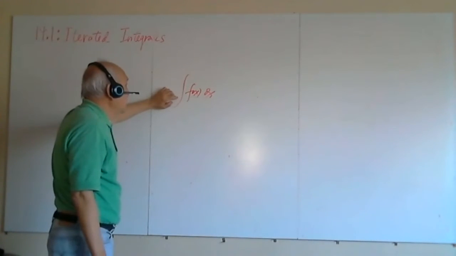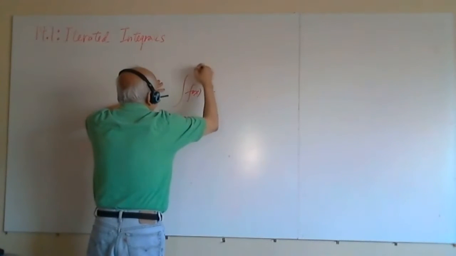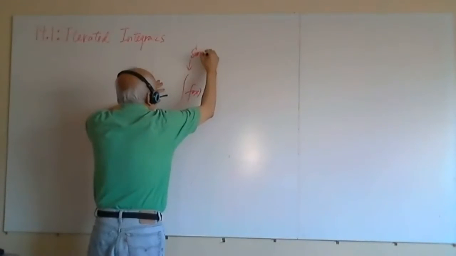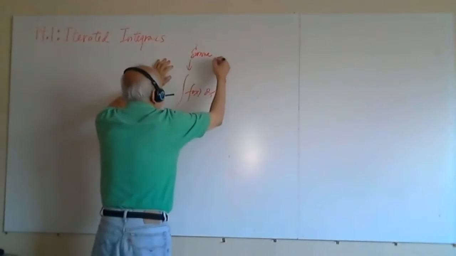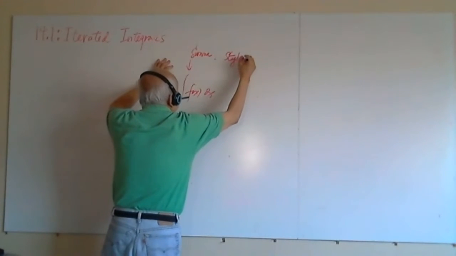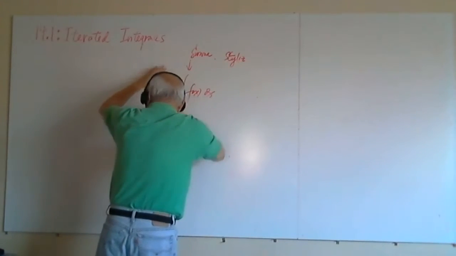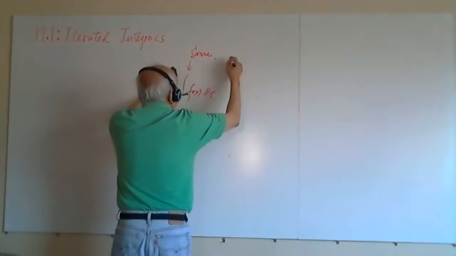This one is what we call elongated S, the summa.